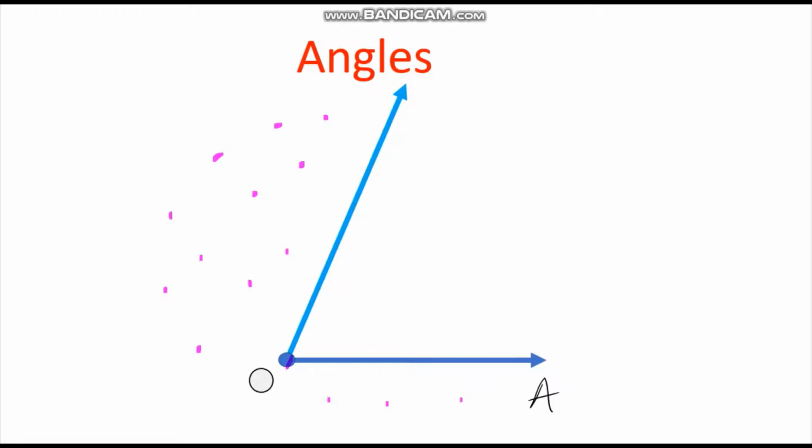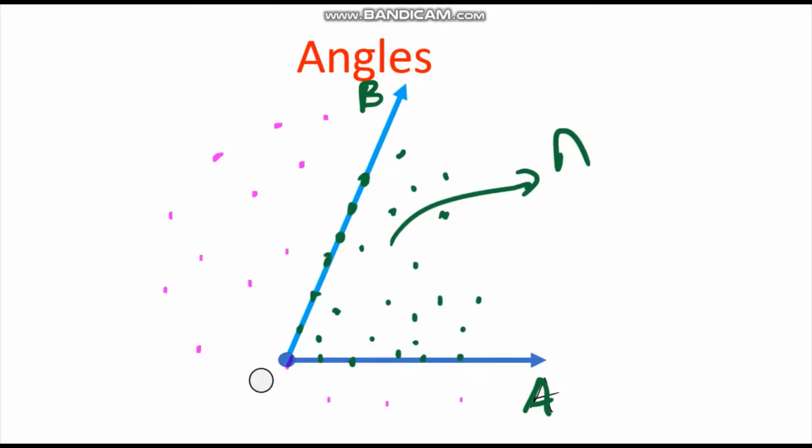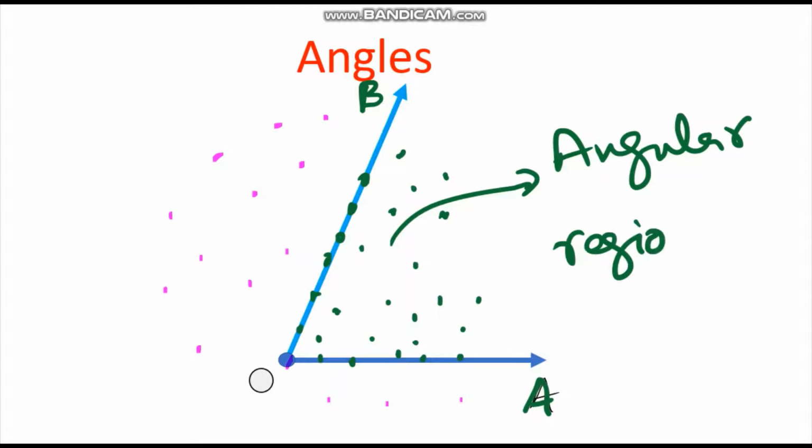Children, now let us see what is angular region. All the points which are inside the angle, along with the points which are present on the angle, together form angular region.